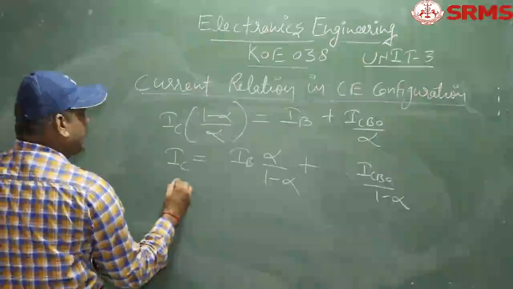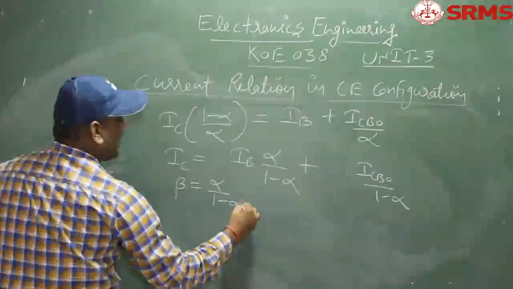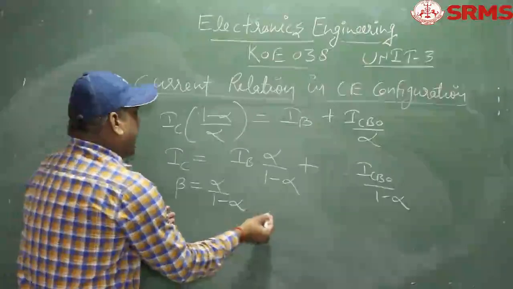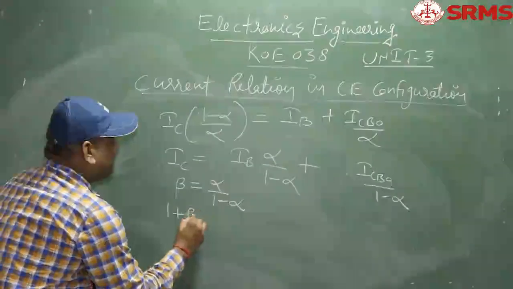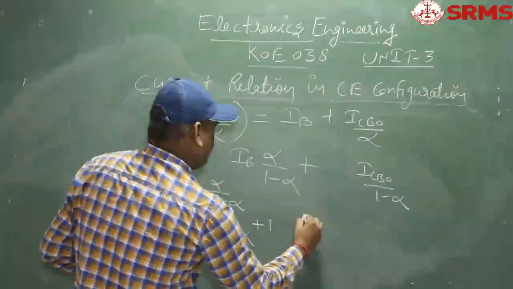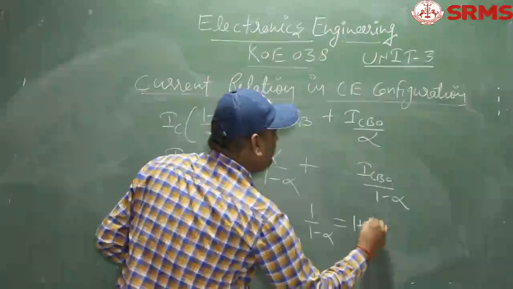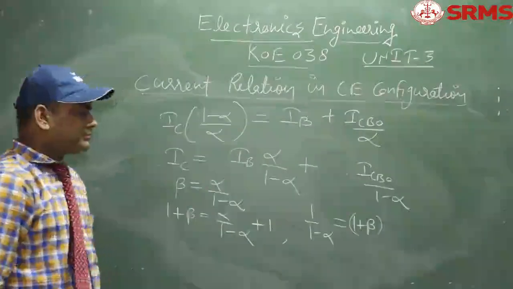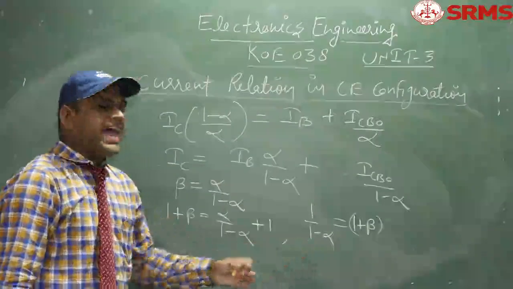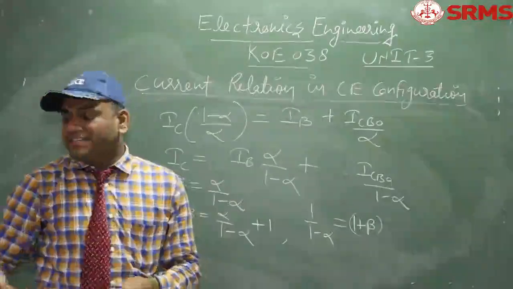So this is the expression. Let us assume a new factor which is defined as beta, equal to alpha divided by 1 minus alpha. If we add 1 on both sides, 1 plus beta is equal to alpha divided by 1 minus alpha plus 1, and we get 1 divided by 1 minus alpha equal to 1 plus beta. So 1 plus beta is equal to 1 divided by 1 minus alpha, and we are assuming beta is equal to alpha divided by 1 minus alpha.